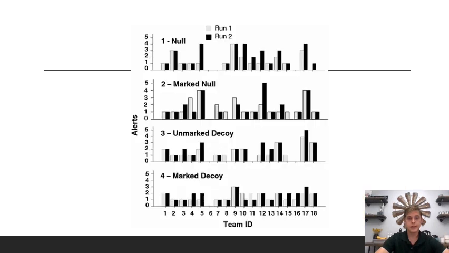So this is the data from the Lisa Lit study, which highlights that when you marked the decoy in these marked conditions, you tended to see more false alerts. You're seeing larger false alerts in this condition than in the unmarked condition.